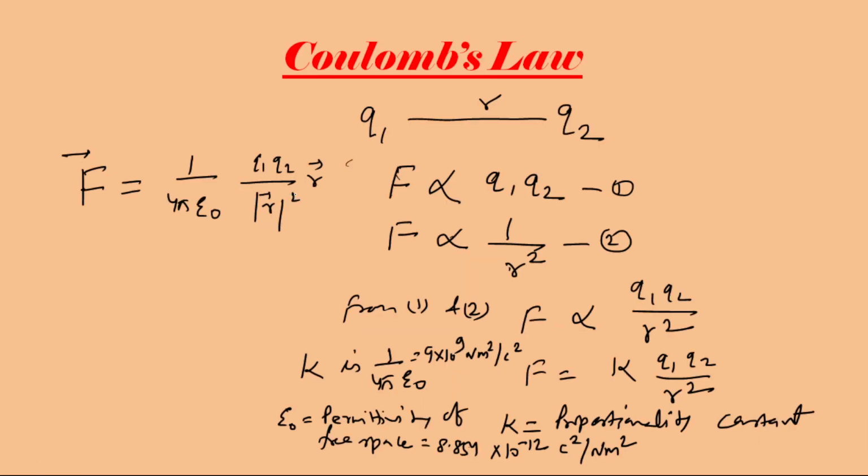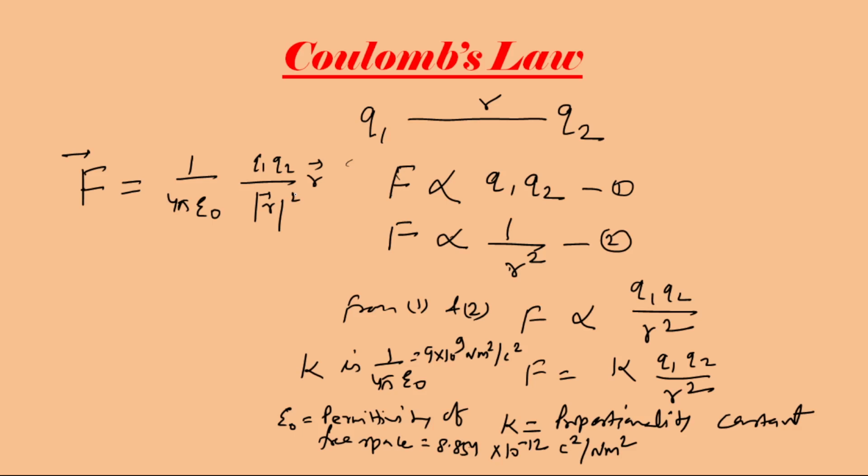Going to the next one, Coulomb's law. Coulomb's law talks about the electrostatic force of attraction between two charges kept at a distance apart, that is R meter. The force exerted between these two charges Q1 and Q2 will be directly proportional to the product of the charges, and inversely proportional to the square of the distance between them.